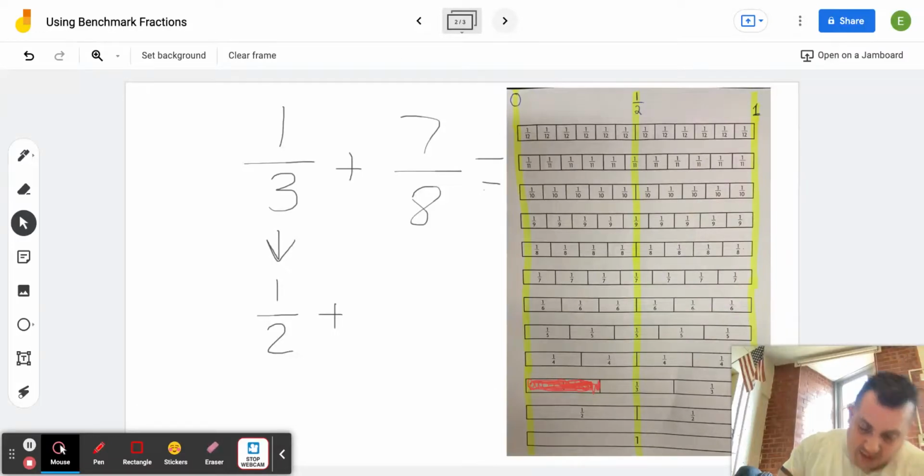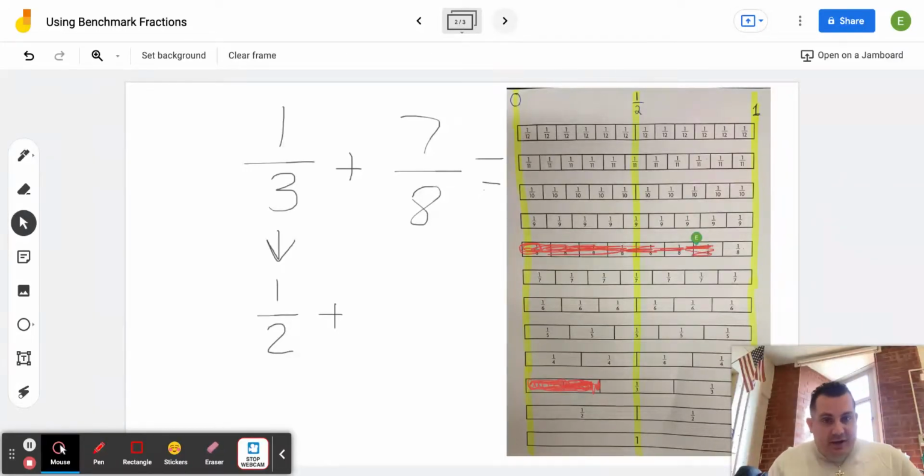Okay. And now you ask yourself, is 7/8 closest to 0, 1/2, or 1 whole? You should be able to see, as you're watching me finish coloring it in, that it's closest to 1 whole. So I'm going to go back over here and write that 7/8 is closest to 1 whole.